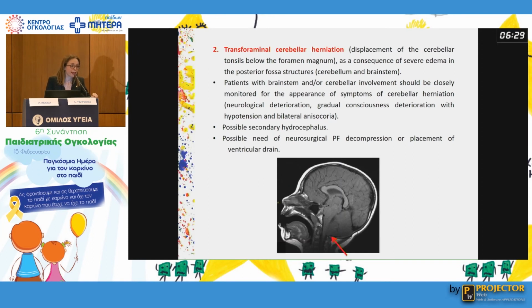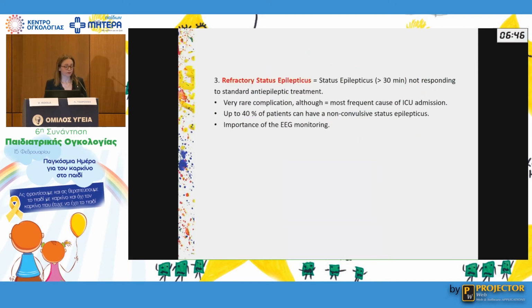Cerebral herniation can be responsible for a secondary hydrocephalus, so it is possible that the patient requires neurosurgical posterior fossa decompression or placement of a ventricular drain.